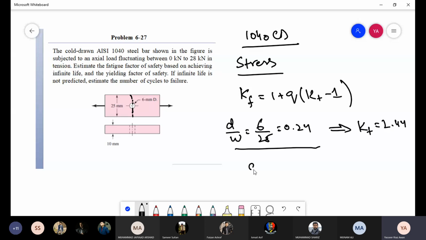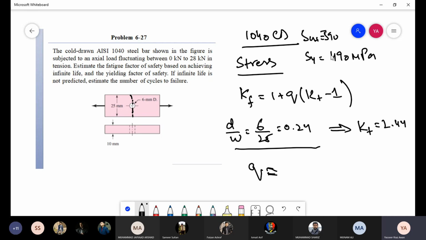And similarly, Q for this case, for 1040. So we know where to look for Q, it is figure 620. 1040 has ultimate strength equal to 590, and yield strength is about 490 megapascal.